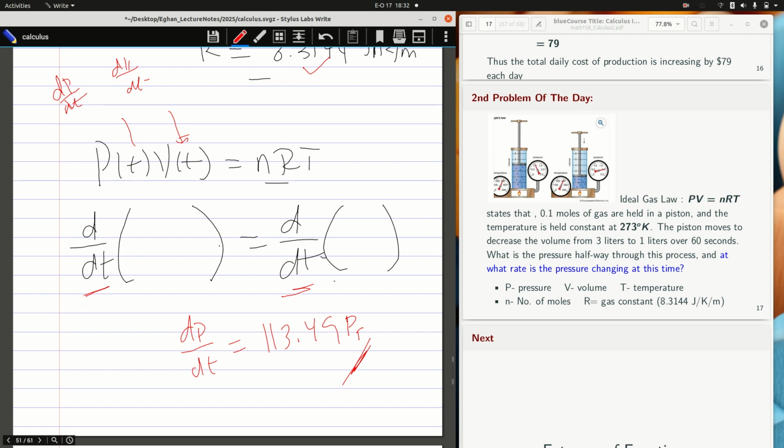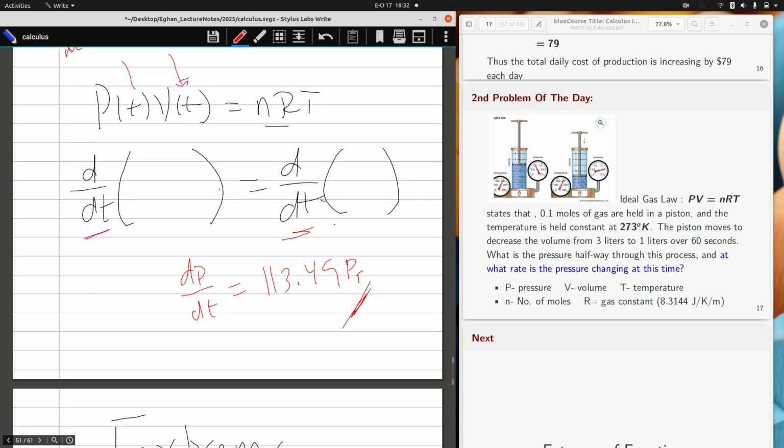And then we also have to find, unless I forget, the rate halfway in the system. Halfway in the system, I expect the answer to be 113.49. This is the right answer. But before that, let's do a correction here.